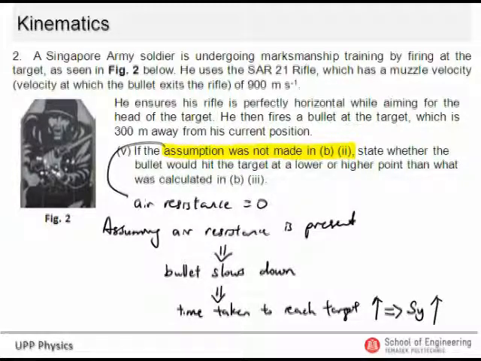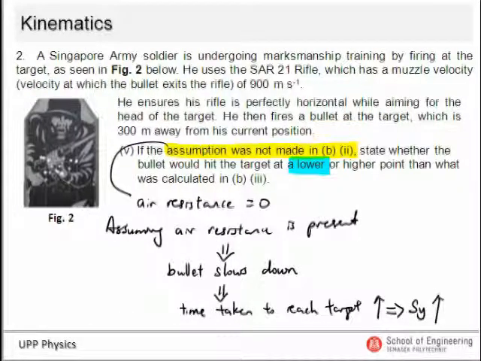Hence, the bullet will hit the target at a lower point than what was calculated in B part 3.